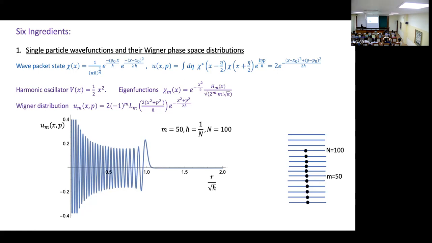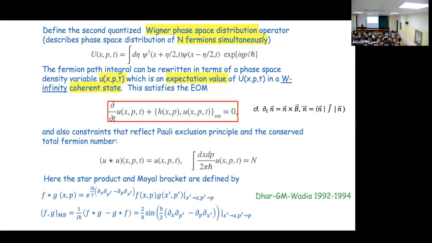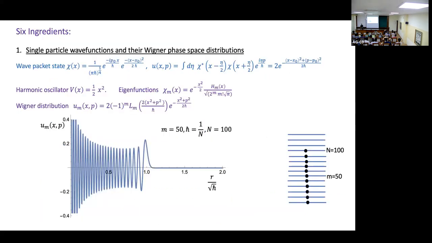Let's try to understand this in the case when the external potential is a simple harmonic oscillator potential, namely half x squared.